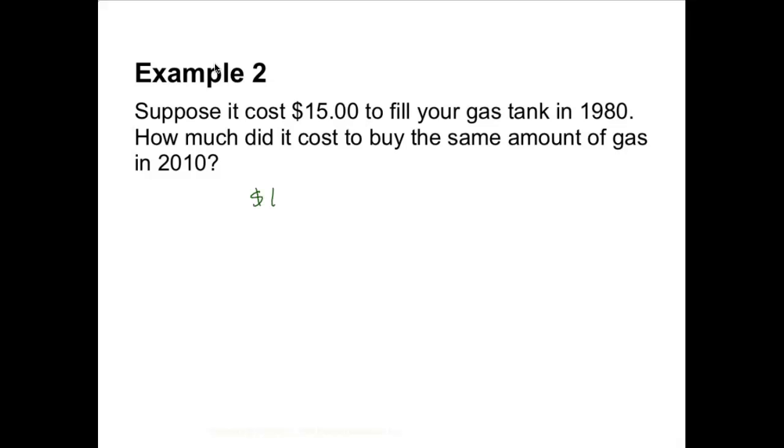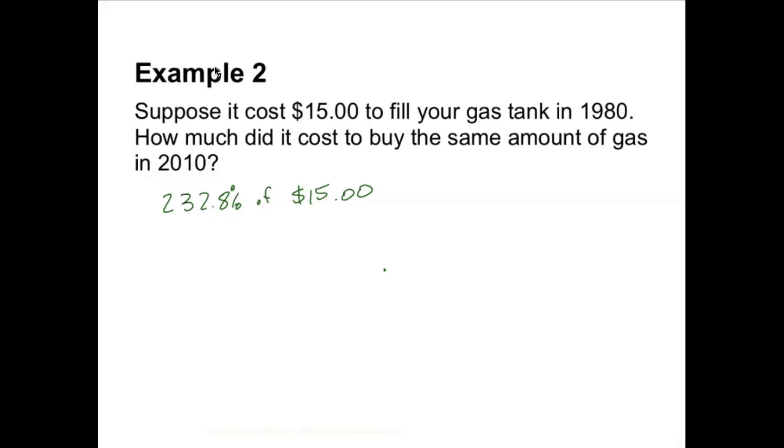So it's going to cost you 232.8% of that $15. All right, so to actually convert this to an equation, we need to rewrite 232.8% as a decimal instead of a percentage.